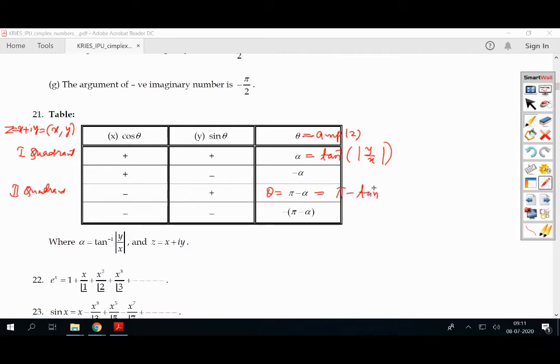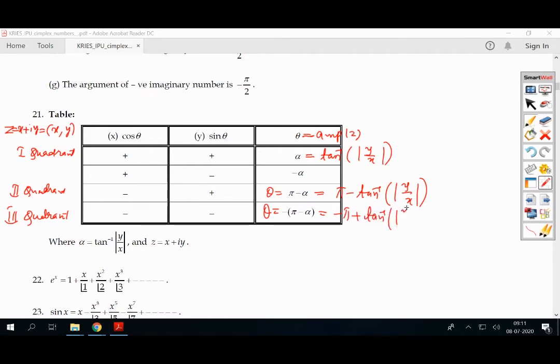You have to remember all these shortcut formulas. Then if it lies in the third quadrant, both cos and sin are going to be negative. In this case, your amplitude theta, you can write as minus pi plus tan inverse of modulus of y by x.